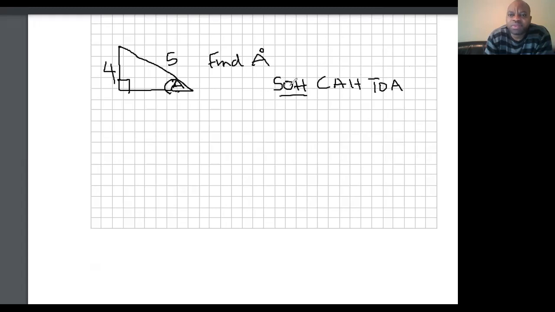SOH means sine of the angle equals opposite over hypotenuse. And then CAH, what does that mean?